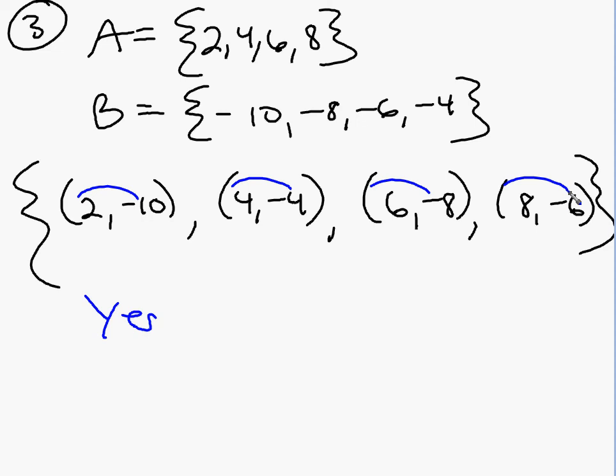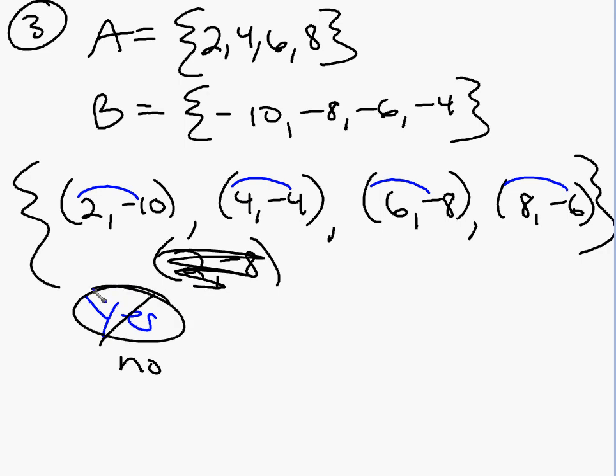If I would have had one more point listed that said 2 is also matched to -8, then it would have been no. Okay? But that wasn't the case. All right? So the answer in this case was yes.